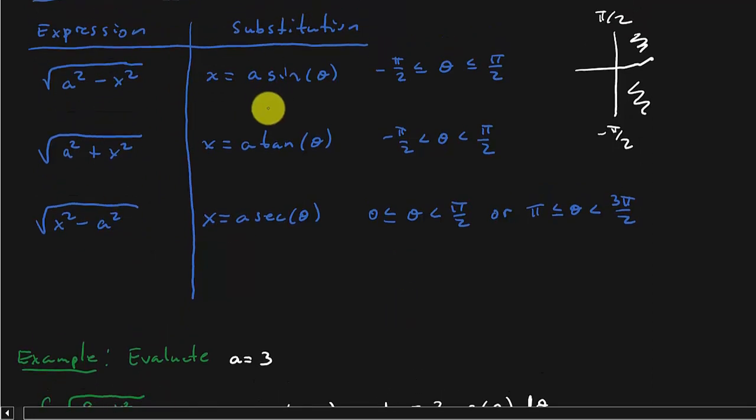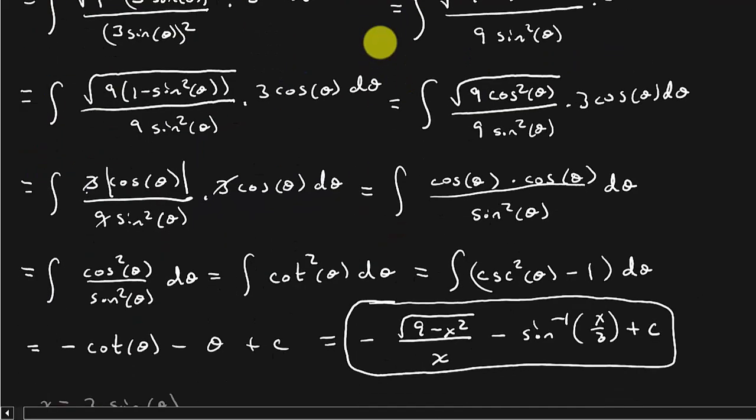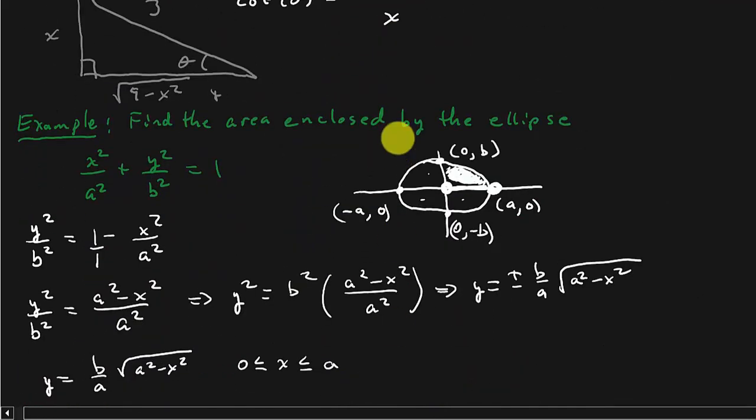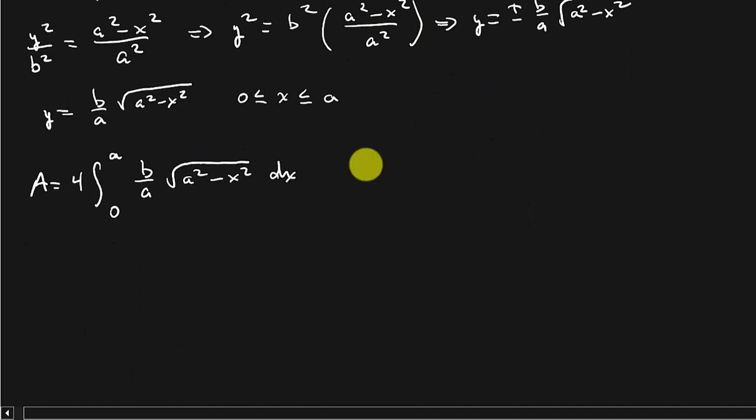I'm going to make the substitution that x is equal to a sine theta. See, there's a squared, so x is a sine theta, and so dx is a cosine theta d theta.